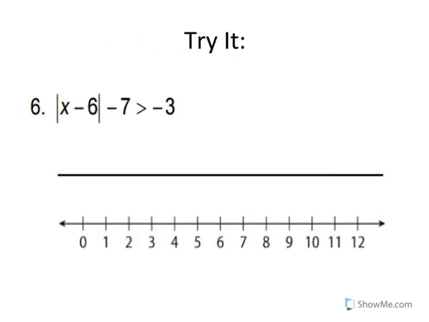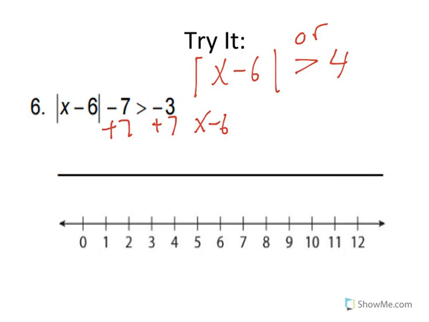Okay. So same here, we need to isolate the absolute value. The first step is to add 7 to both sides. So the absolute value of x minus 6 is greater than -3 plus 7, which gives us 4. It's an or statement, so x minus 6 greater than 4, or x minus 6 less than -4.